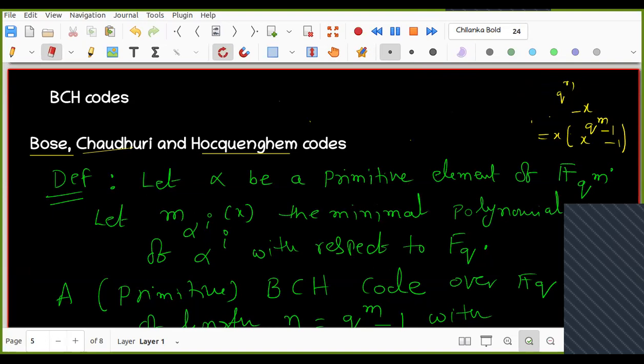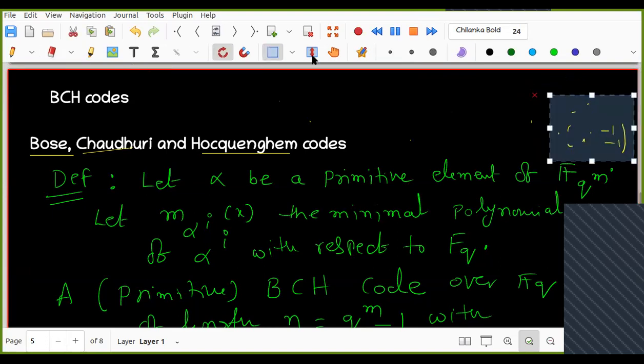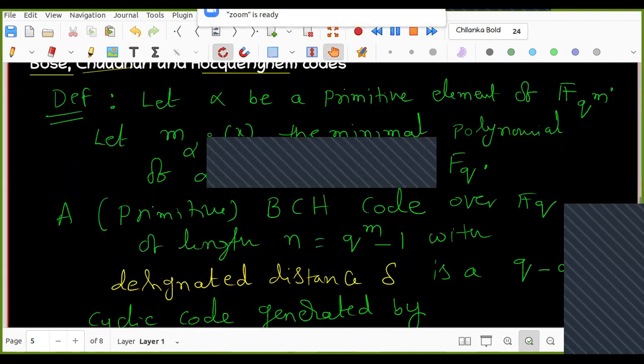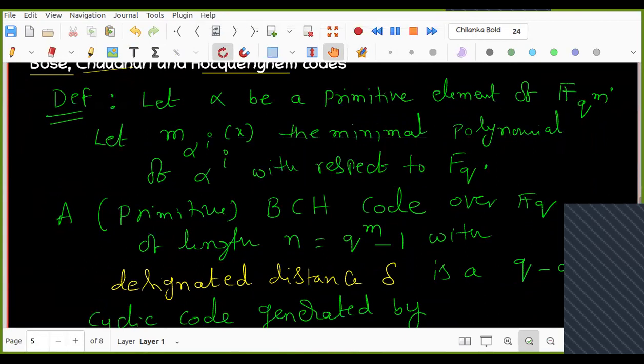Now again, come back and define properly. Let alpha be a primitive element of F q power m, and let m alpha power i be the minimal polynomial of alpha power i with respect to F q.